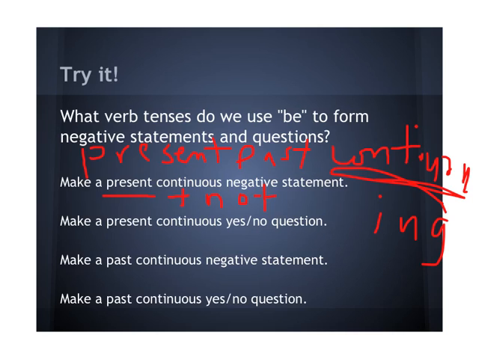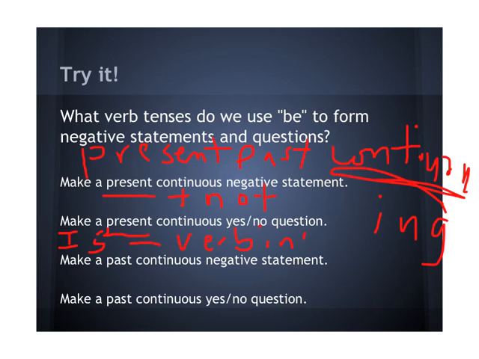All right, let's make a present continuous yes/no question. So how will you start this one? Well, you need present form of be, so maybe are or is, and that will be at the beginning since we're making a question. And then we need our subject and a verb plus what?